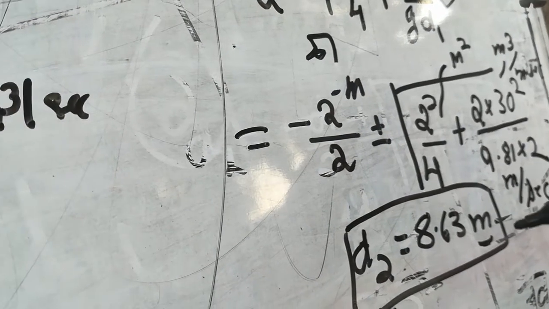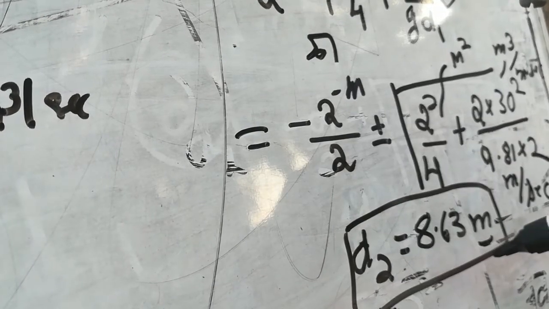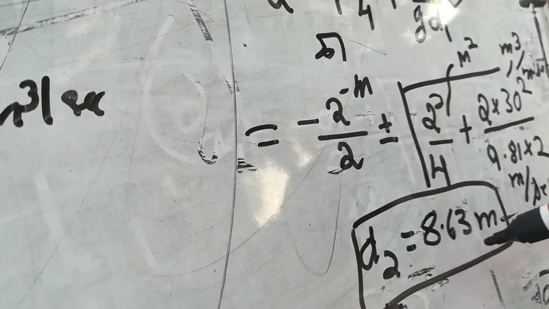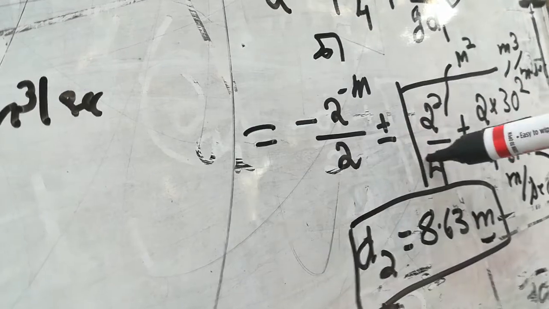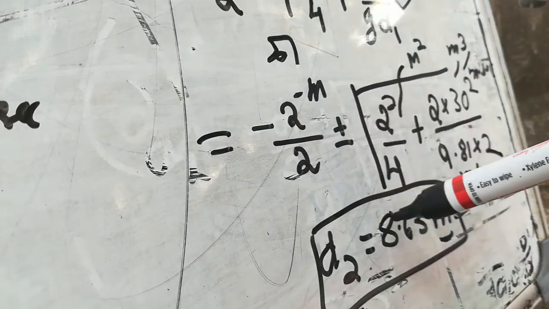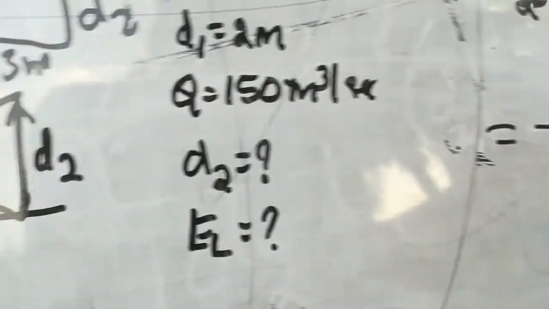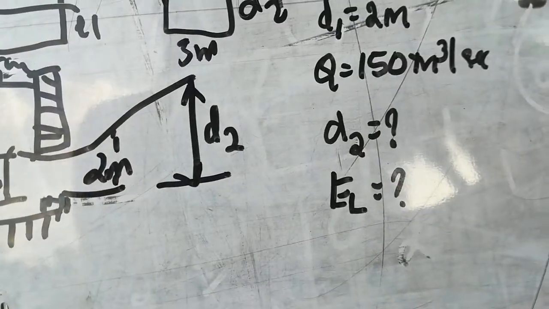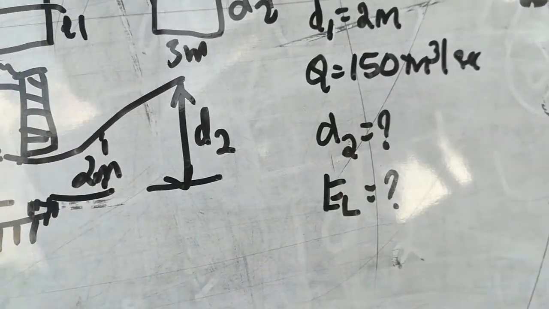That is not necessary, I am just telling how we got the unit. Now substitute the values into this equation and we get d2 equal to 8.63 meter.